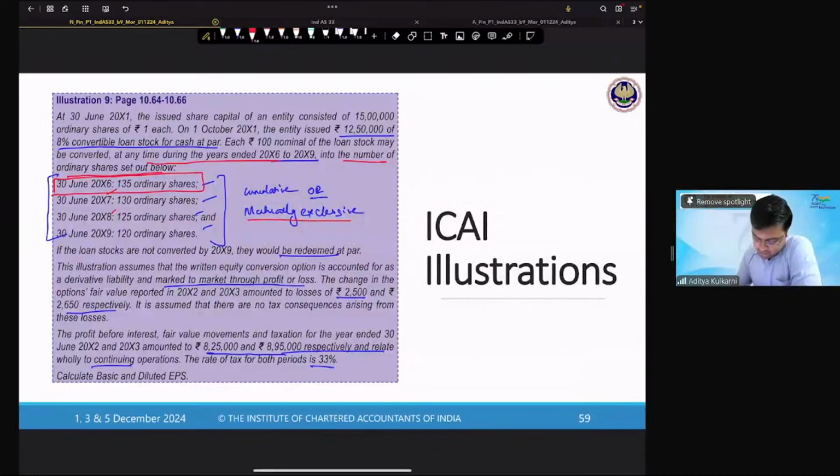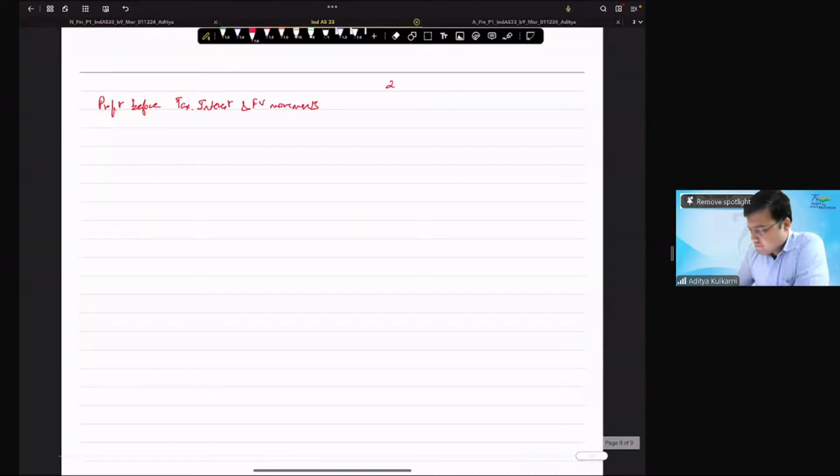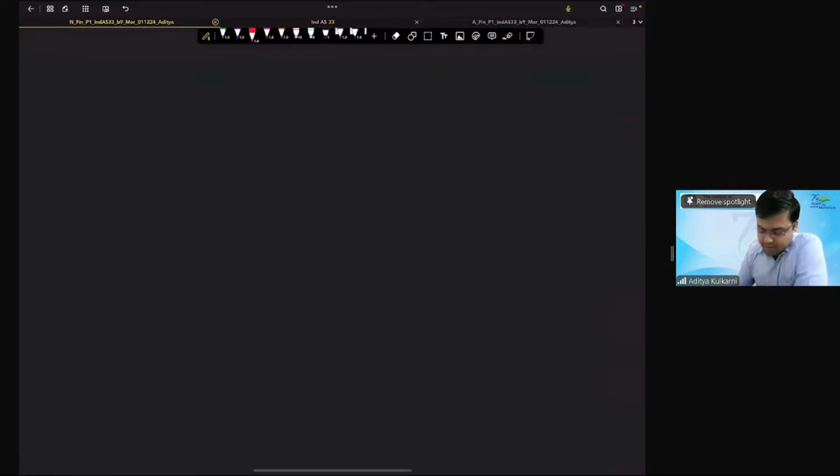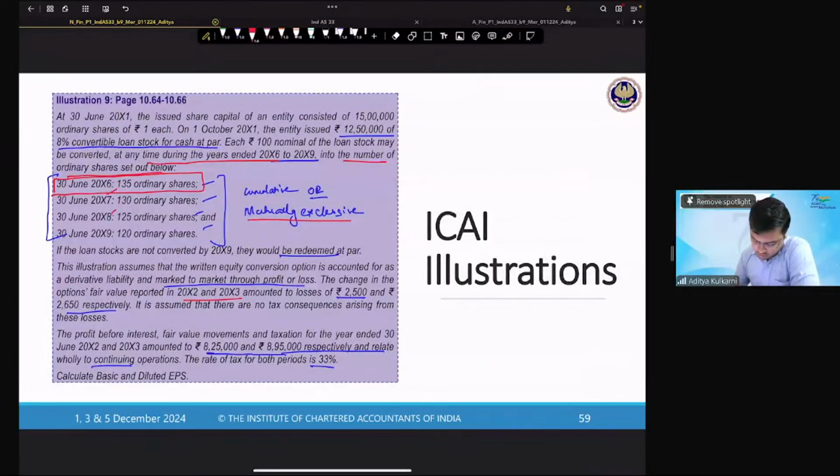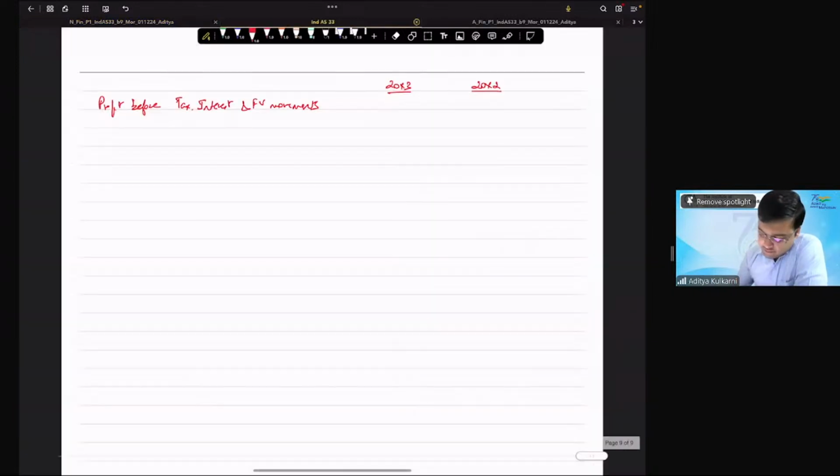So that gives me the 2 years of profit, 20x2 and x3. So 20x3 is 8,95,000 and 20x2 is 8,25,000. Is it okay? Now, from here, I have to calculate my EPS.